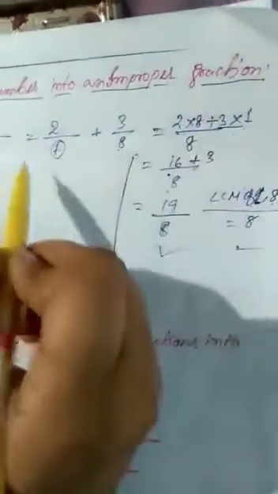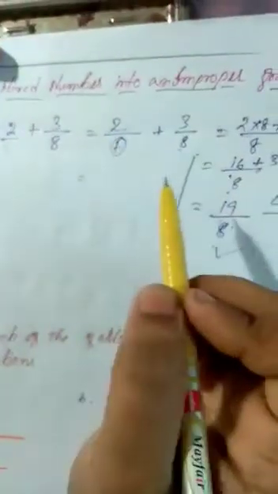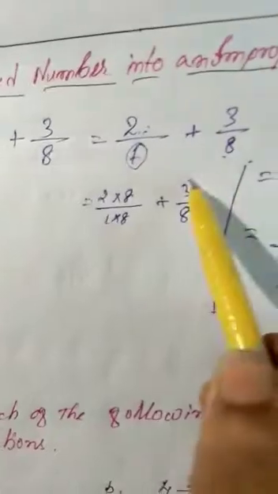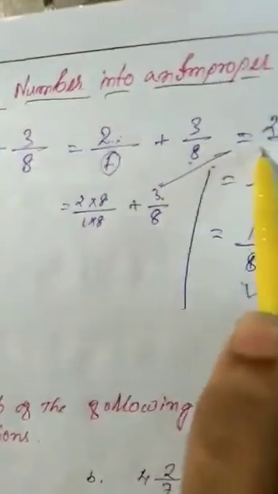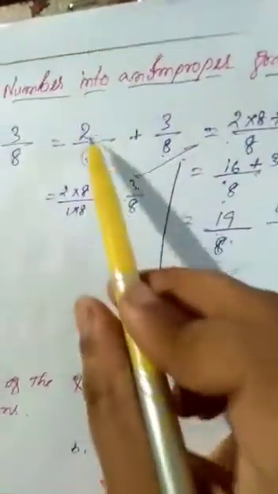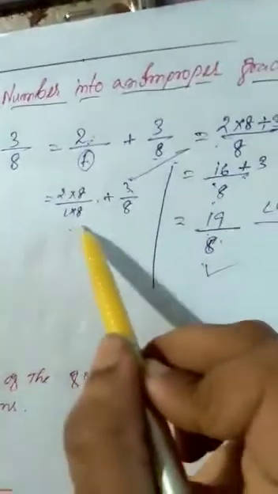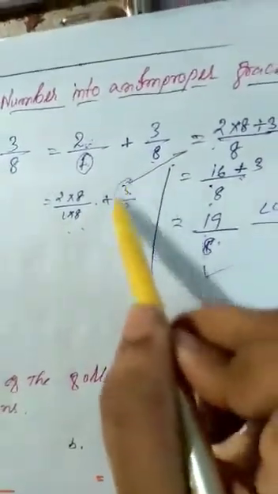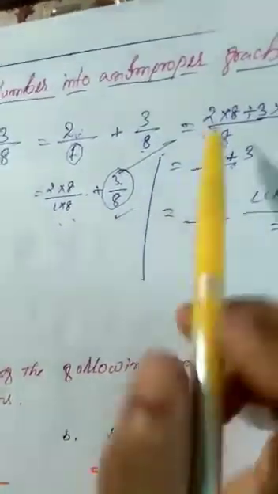This way we can solve. See students, actually I have shown this line directly here. So 2 into 8, then 1 into 8, then 3 by 8. The denominator stays the same, 8.